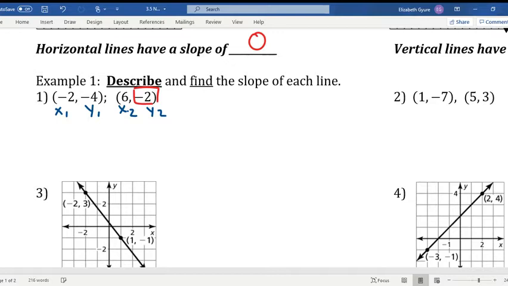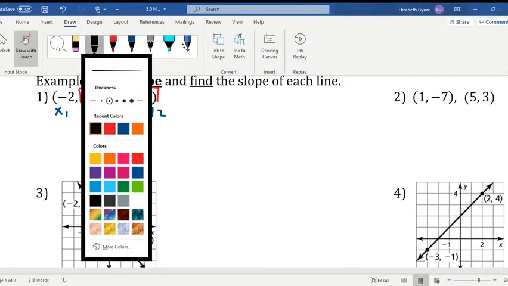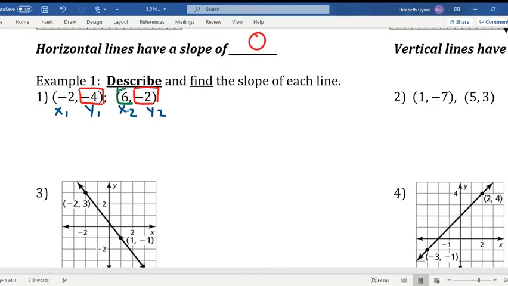Y's need to go with Y's, right? And X's need to go with X's. Okay, just to make sure you're keeping the correct numbers together. So we are going to plug this into our formula.